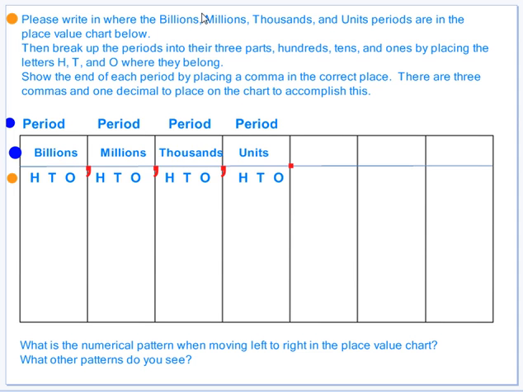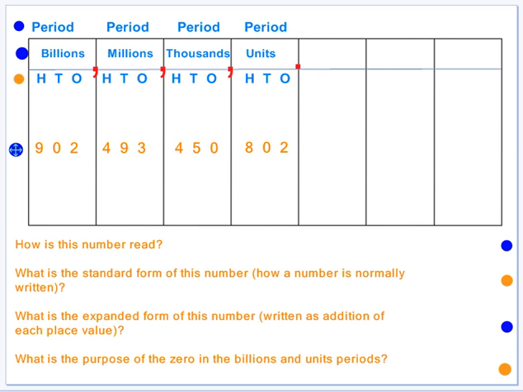Now that we have your whole number place value chart filled in, we are going to get a number here, and I want you to write this into your place value chart, just like I did. Then we're going to read this number. This is going to be 902. Notice how I read that number just as if it was only in the units place.